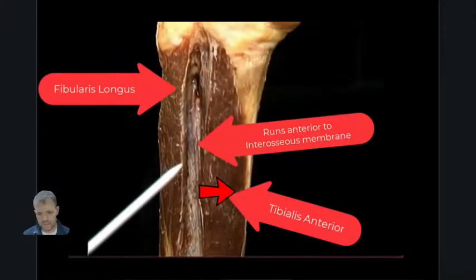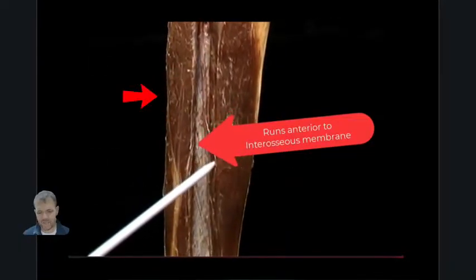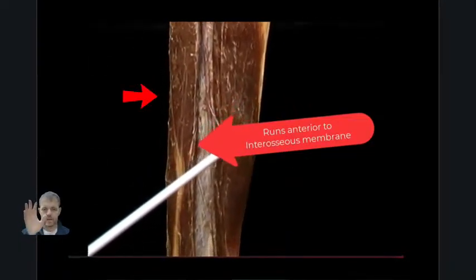So there's your tibialis anterior, and it's running all the way here, so anterior to the interosseous membrane. So where your fibula and your tibia are, there's a connective tissue in between the two, and that connective tissue divides the different compartments. Okay, so you've got your anterior compartment and the deep posterior compartment.